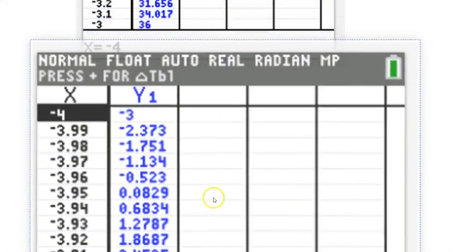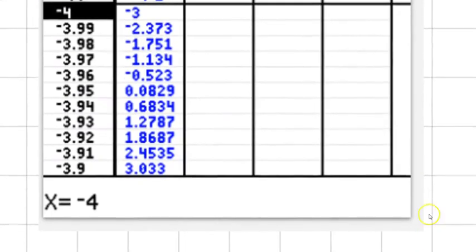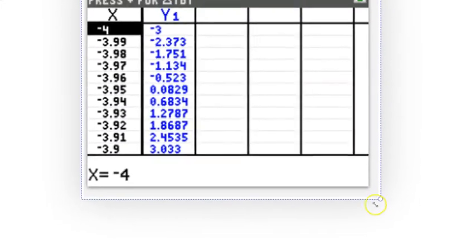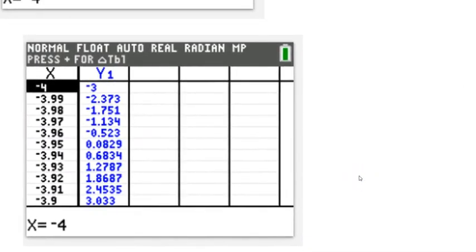And once again, we want to use that intermediate value theorem to notice when there is a change in signs. So we can see here there's a change in signs in the Y menu, and that happens on these two values here.